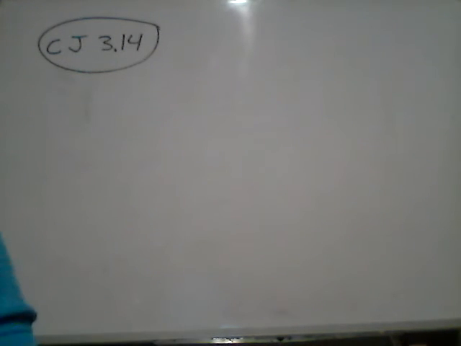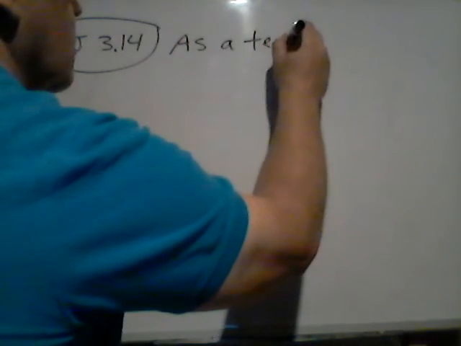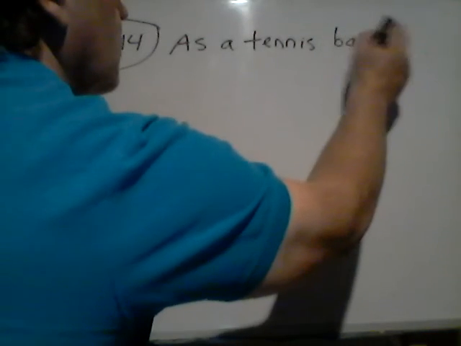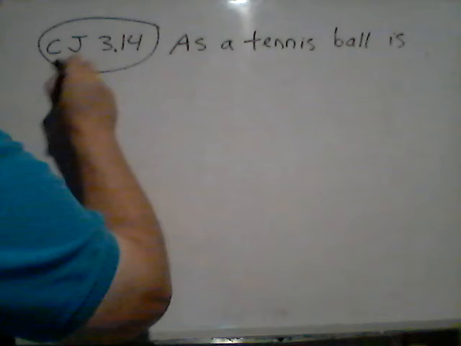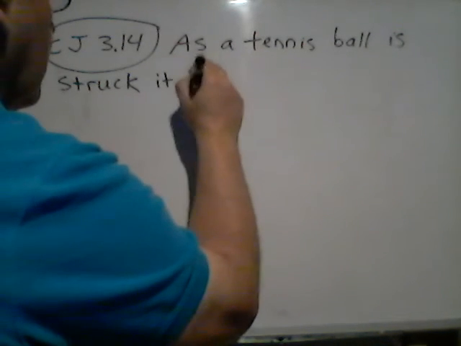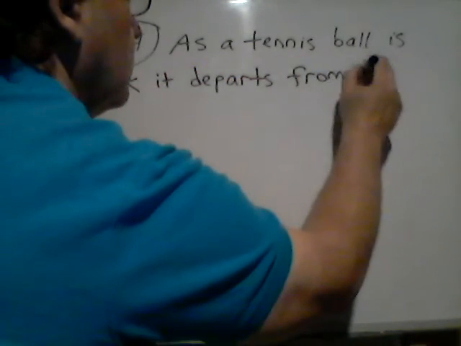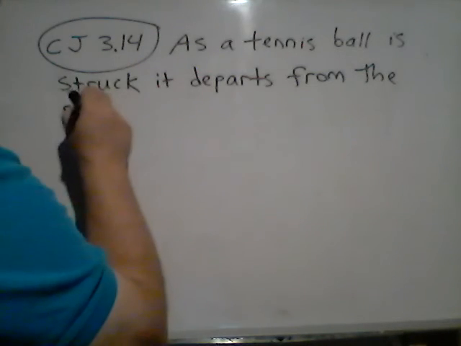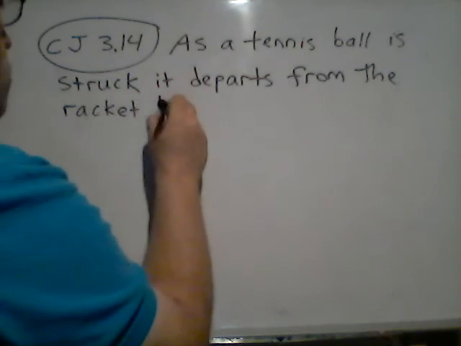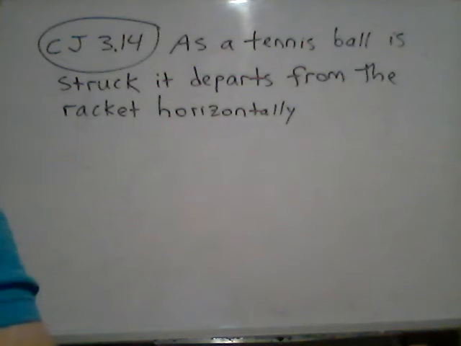Cutnell Johnson 3.14 says, as a tennis ball is struck, it departs from the racket horizontally with a speed of 28.0 meters per second.